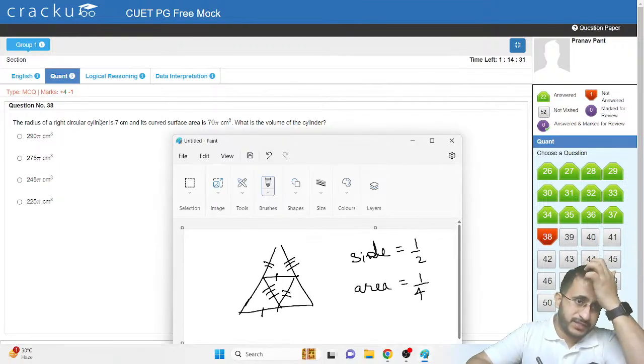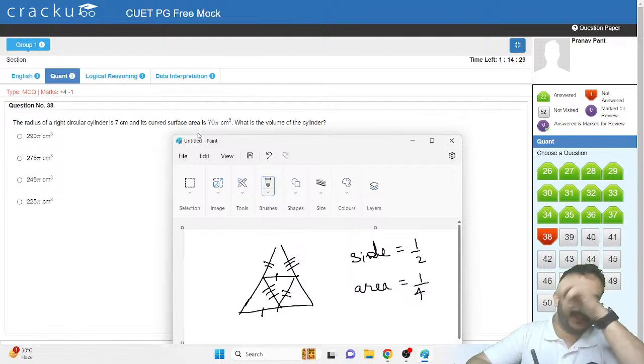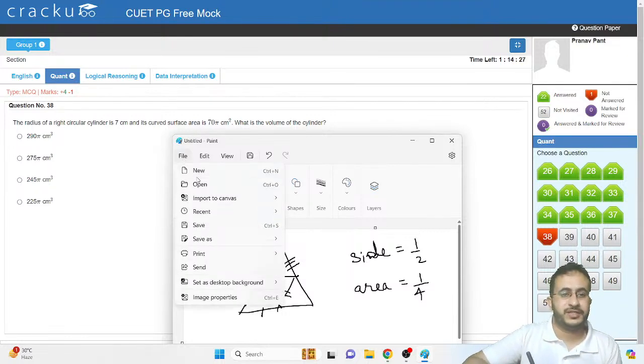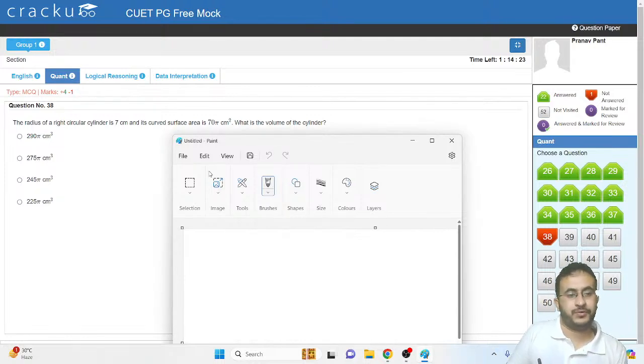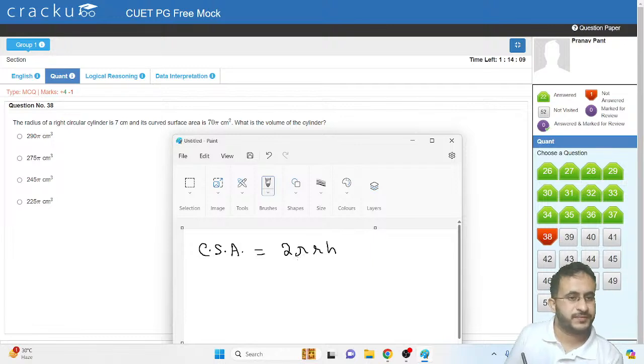Radius of right circular cylinder is 7 and its curved surface area is 70 pi. What is the volume of the cylinder? Okay, so now one thing we need to see is curved surface area. What is curved surface area of a cylinder? Curved surface area is 2 pi r h. So 2 pi r h is given to us in a right circular cylinder. So this is given as 70 pi.